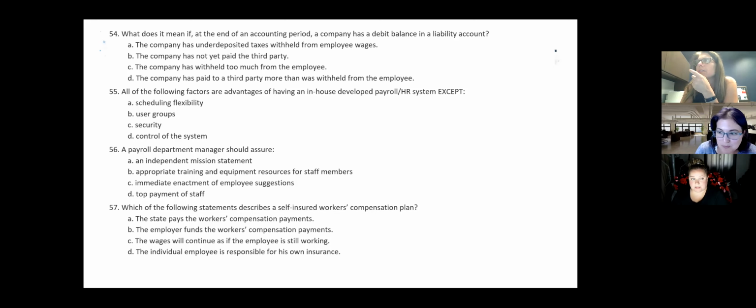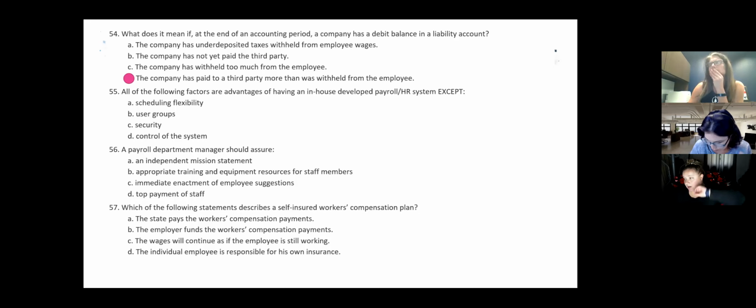So if our liability account has a debit balance, then the company has paid to a third party more than was withheld from the employees. So normally you would credit that account. If it has a debit balance, that means that when we paid it, we paid more than what's in it. If that makes any sense.